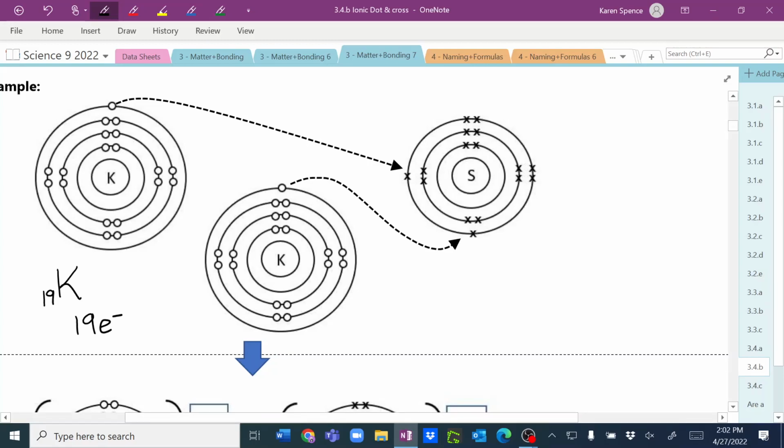And if you fill them in, you'll end up with 1 electron on the outermost shell. Sulfur is atomic number 16. So how many electrons does it have? It has 16 electrons. So you'll fill in 16 X's, okay?